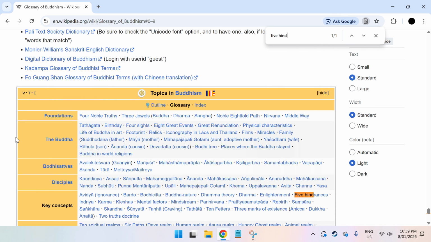Okay. So, not only do you have this sort of table set up here, you have sidebars, you have the glossary at the bottom of the page.